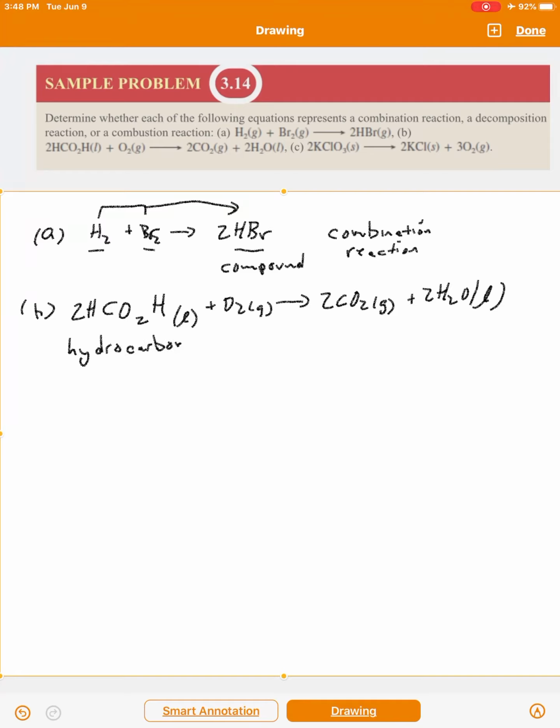And generally, when we speak about combustion, what we mean is that a hydrocarbon reacts with oxygen. And when a hydrocarbon reacts with oxygen, you get carbon dioxide, which is an oxide, right? And you get water. So this is just a clear-cut example of a combustion reaction.